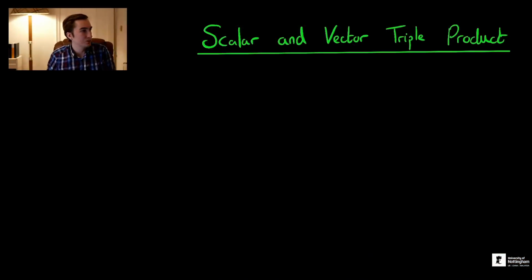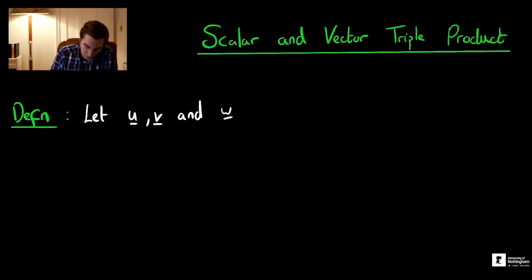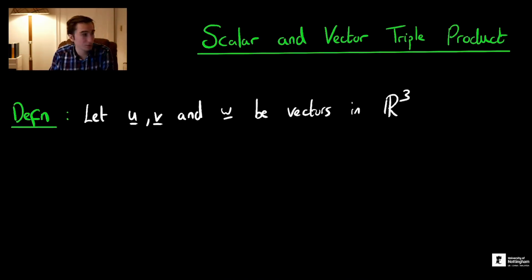So we'll start off with a definition of the scalar triple product. This can be found in the notes as well, but I'll write explicitly what the definition is here. We start off by saying let u, v, and w be vectors in R3. We need R3 again because we're going to talk about something with the cross product.